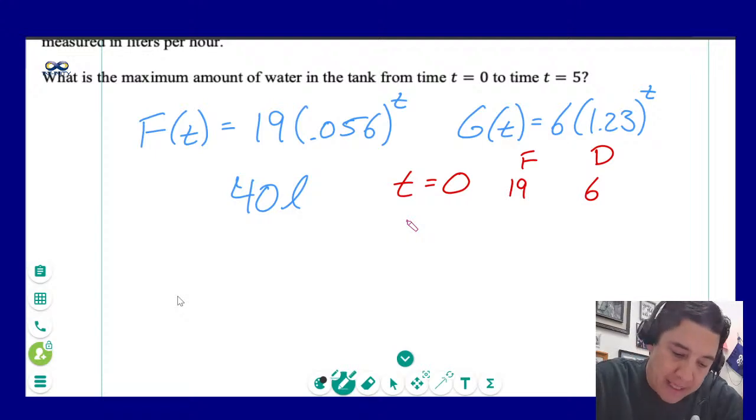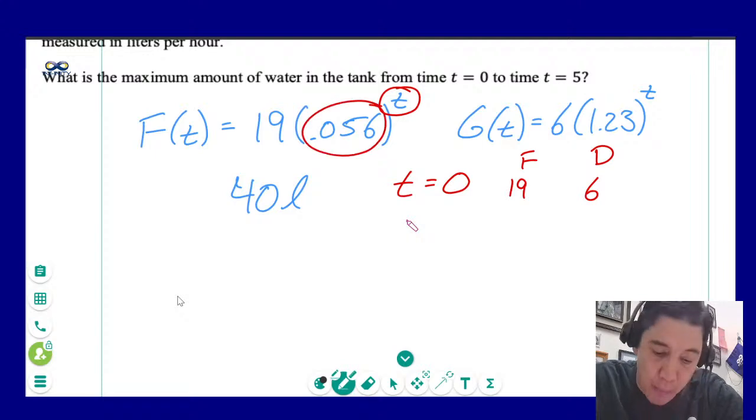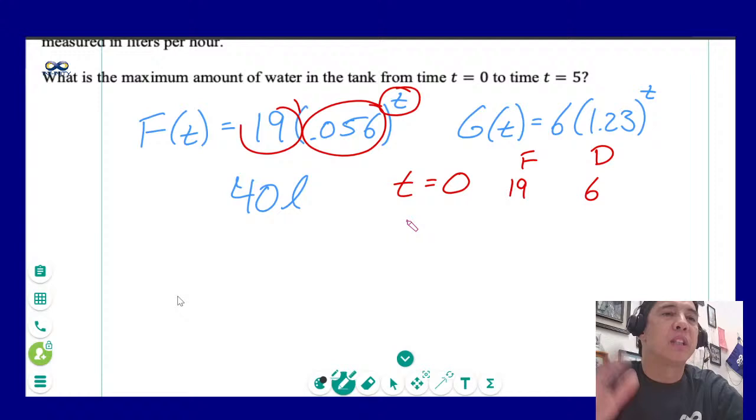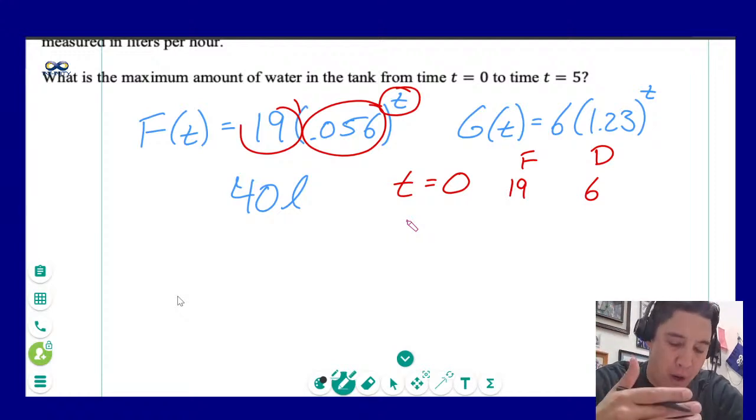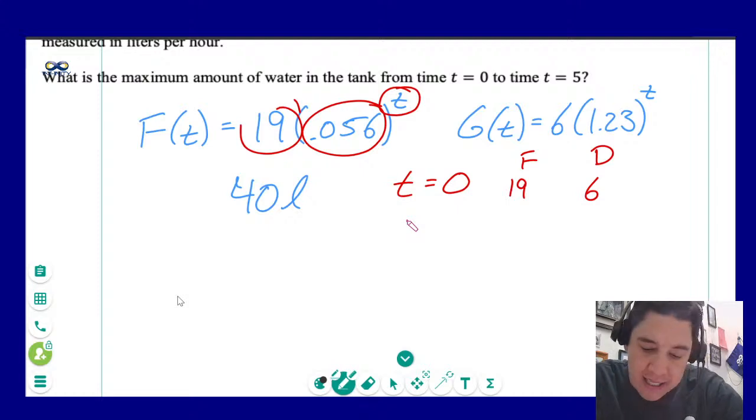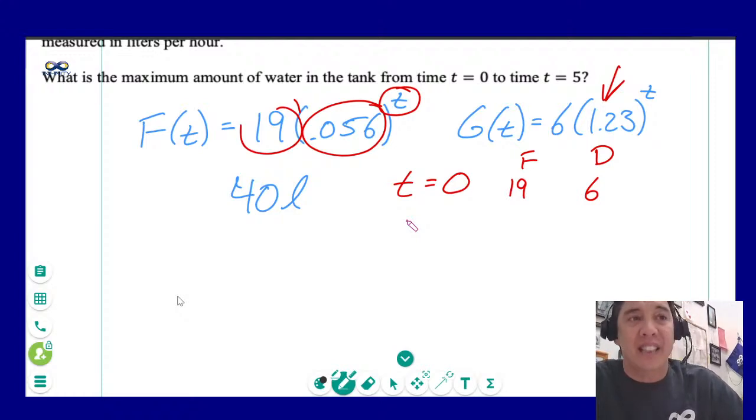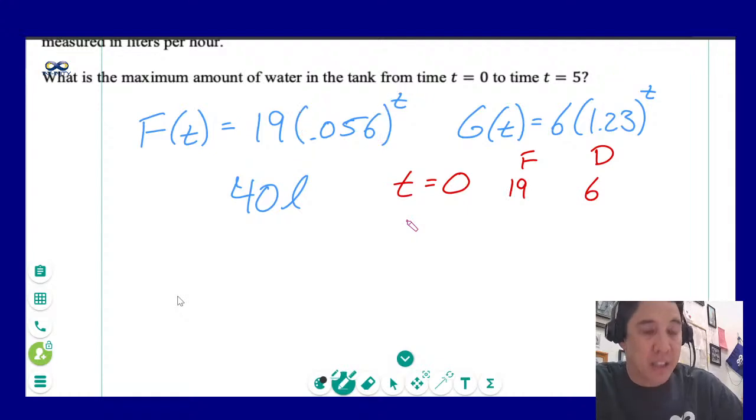But what happens is, as t gets bigger, this gets smaller, which means we're going to slow the amount that we're filling. Whereas here, as t gets bigger, this number is going to continue to get bigger. So we'll be draining faster and filling slower as time goes on.